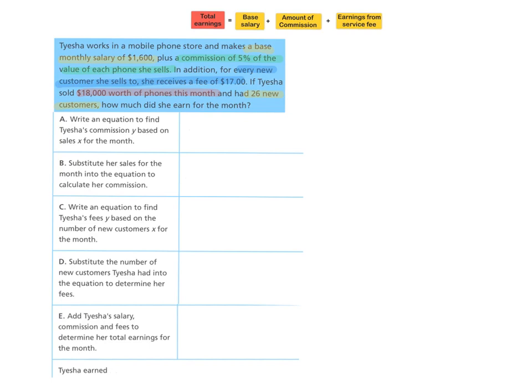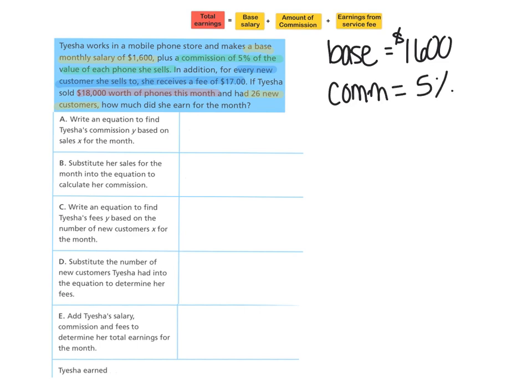Whoa, they're giving us a lot of information here. I find it helpful to write off to the side some things that we know just to kind of sum it up. So we know her base monthly salary is $1,600. Okay, this is per month. And then she gets a commission of 5% of the value of all the phones she sells.